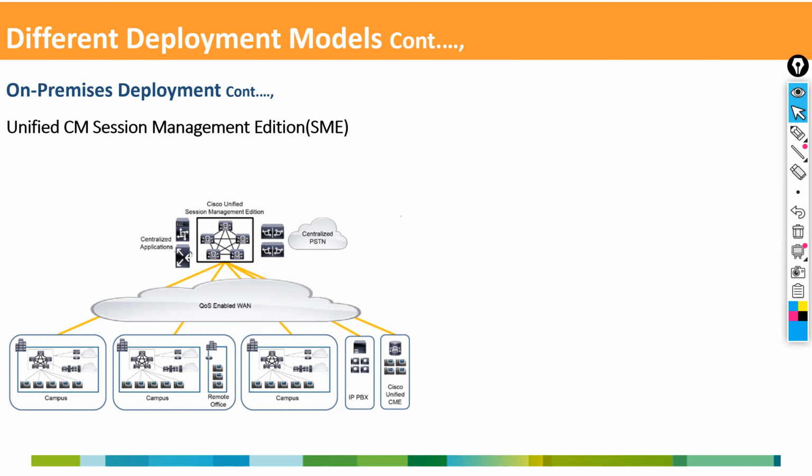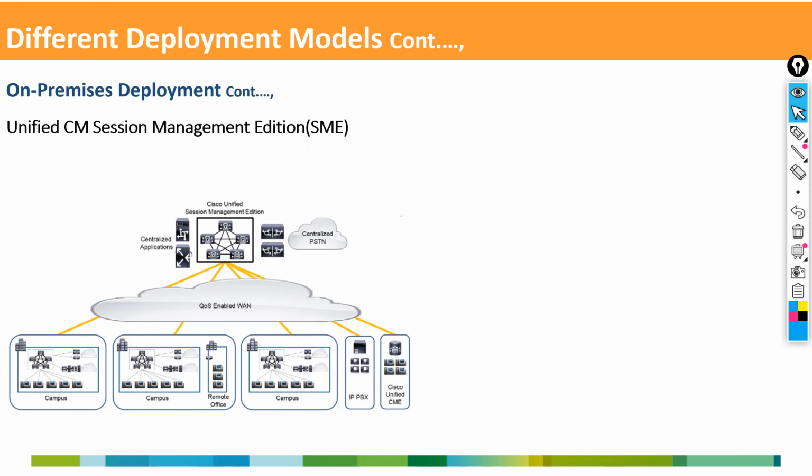The front end looks like a Vodafone application, but actually the backend is Cisco. To communicate between this Vodafone application and CUCM, in between they have SME, Session Management Edition.